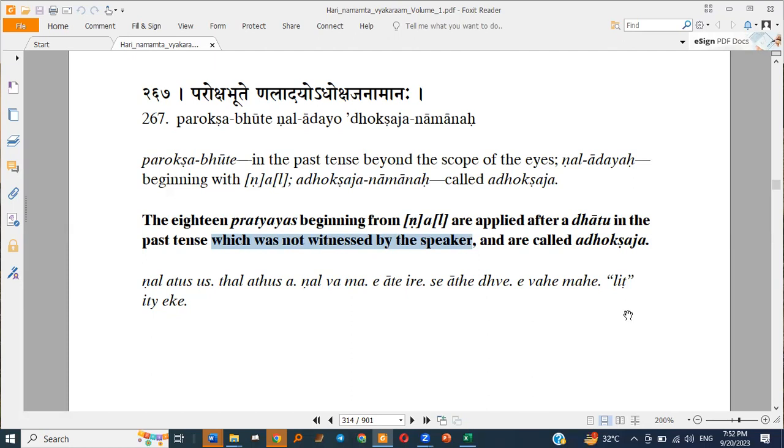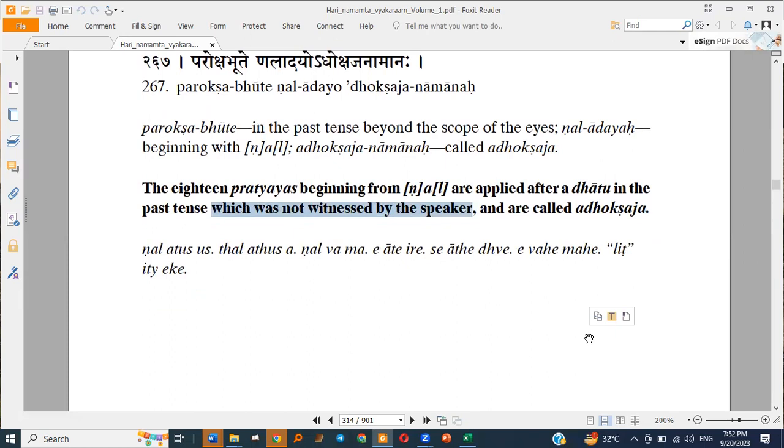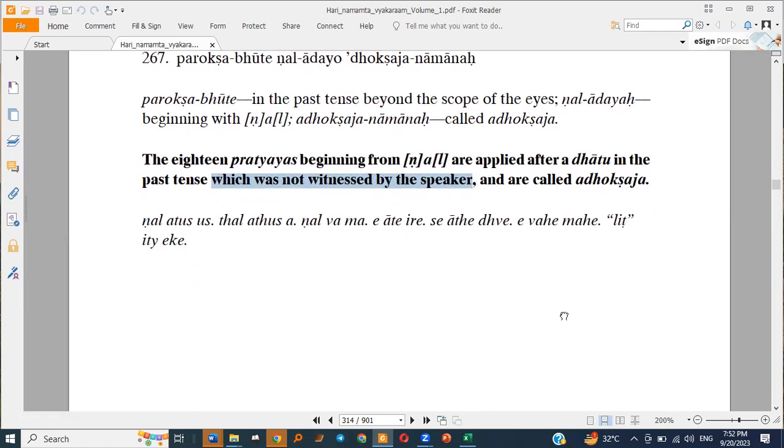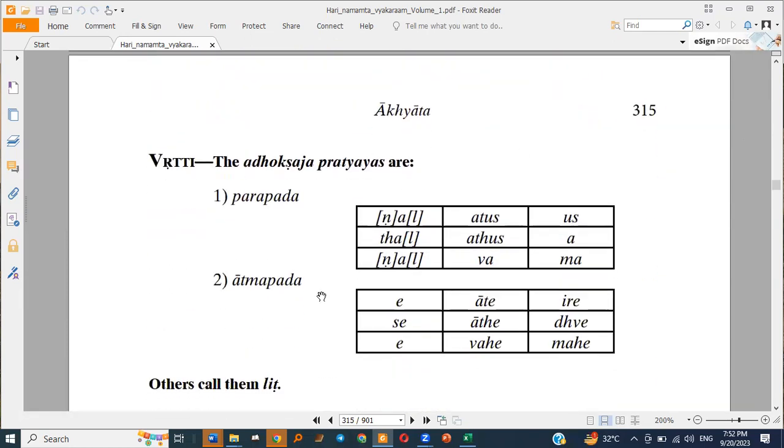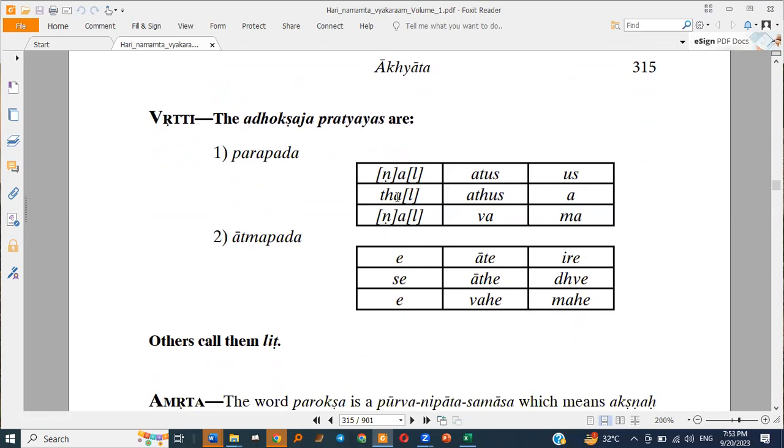So that is the adhokshara, something in the past which is not witnessed by the speaker. In that sense, these adhokshara pratyas are used. See, Sanskrit is so detailed, right? Past tense and then different varieties of past and so on. For example, the pratyas are nal, atus, us, thal, atus, nal, va, E ate ire, se ate dve, e vahe, mahe.